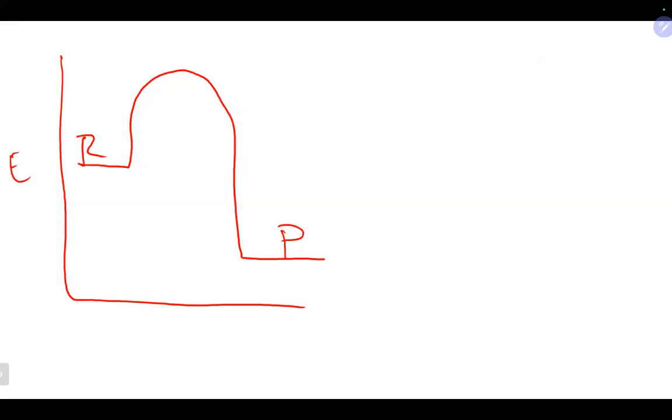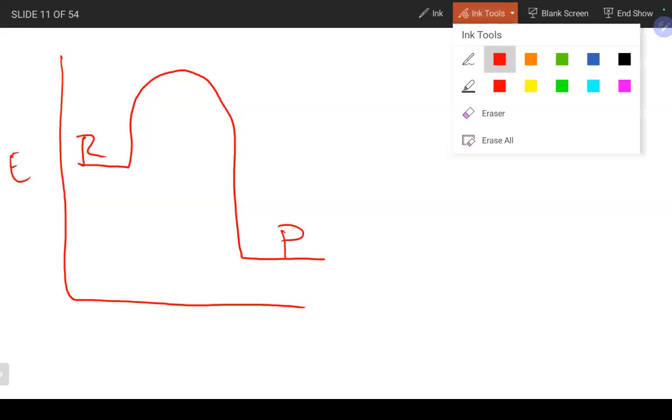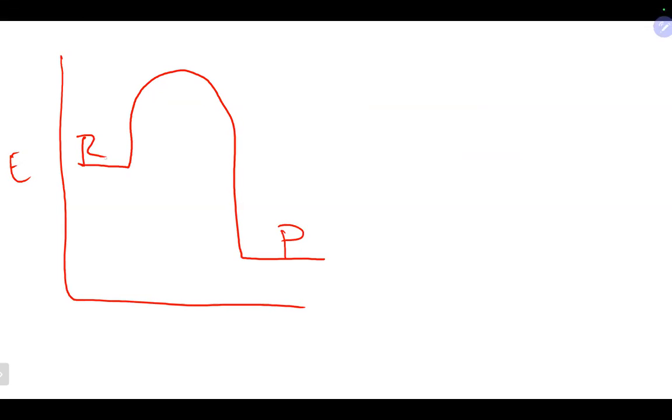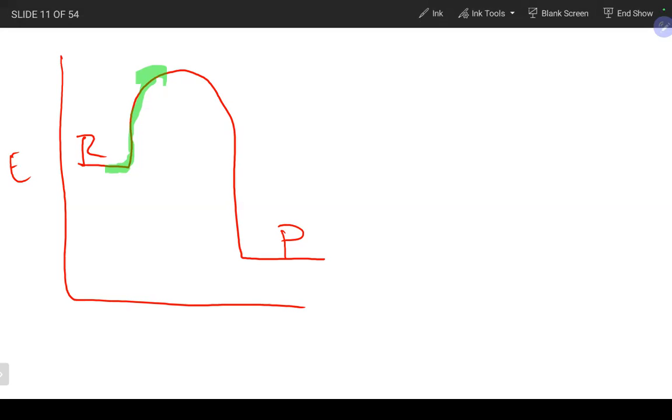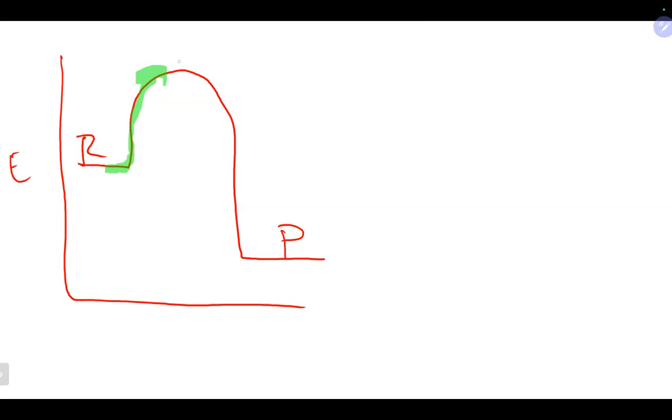As the reactants start going towards the product side, and they're working their way up this hill, what is happening is they're starting to break all the bonds that they have, and they're starting to make new bonds as they progress through this process. And they eventually will hit the very top of the hill here. And this is what is sometimes referred to as a transition state.